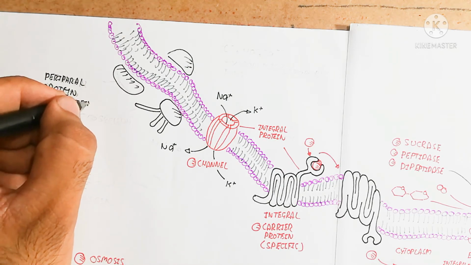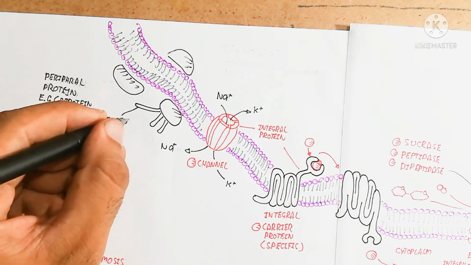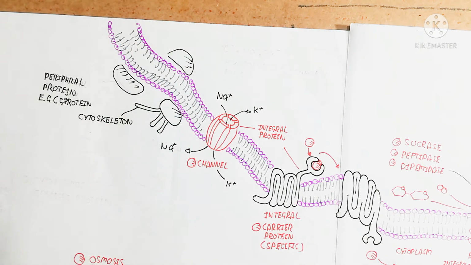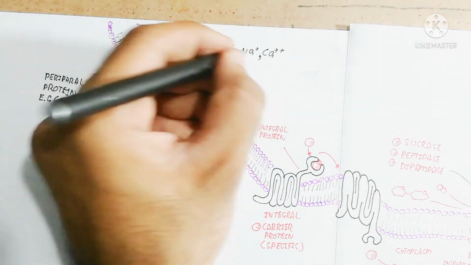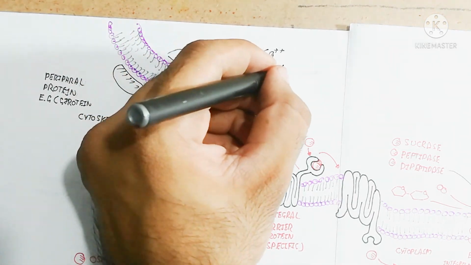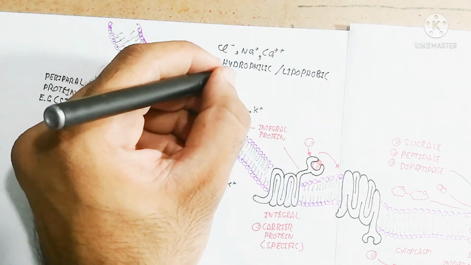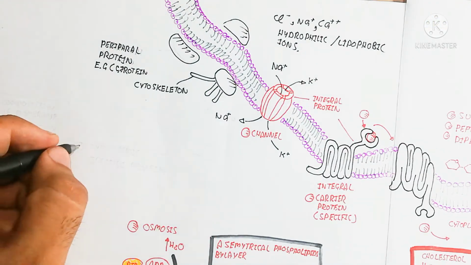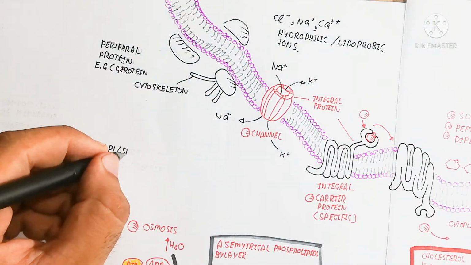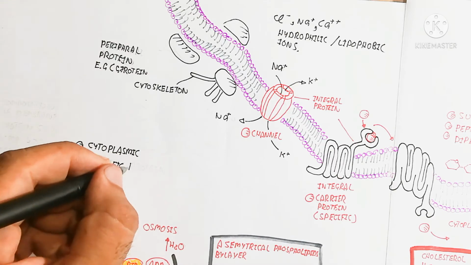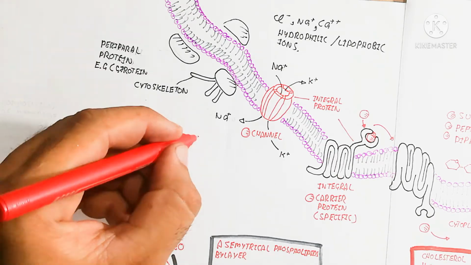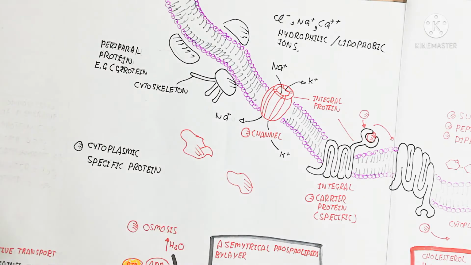So remember about that. The fluid mosaic model was provided by Singer, which gives all the information about this. So here is the channel-containing protein, such as the sodium potassium exchange, for the hydrophilic and lipophobic ions that can be moved by the channel.